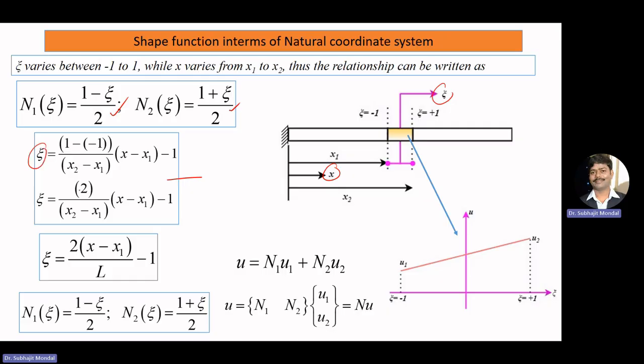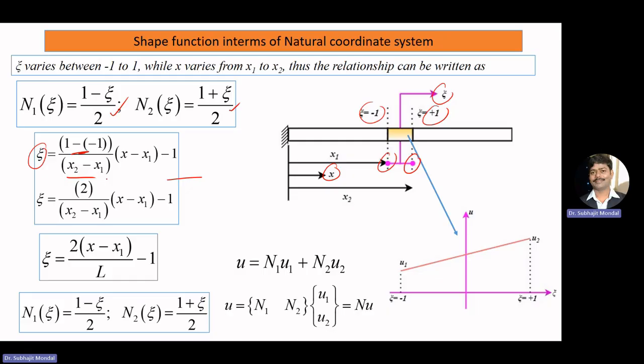So here we can see, when xi changes between +1 to -1, x is changing from x2 to x1. So here we have 1 minus (-1), and at the denominator we have x2 minus x1.